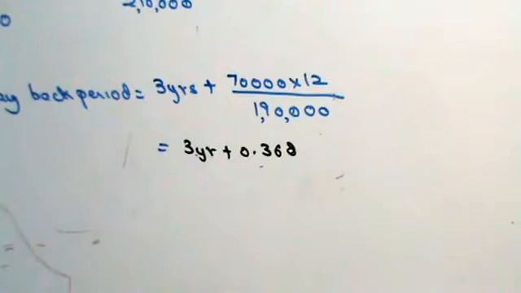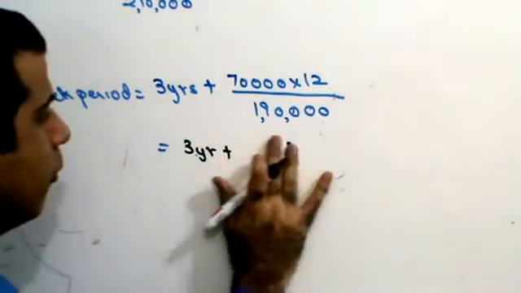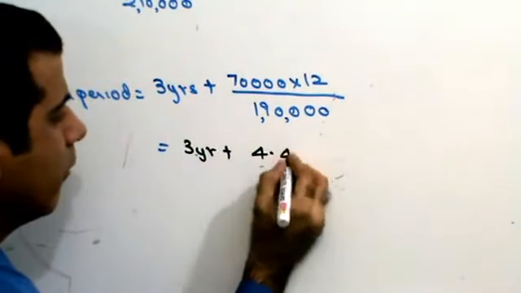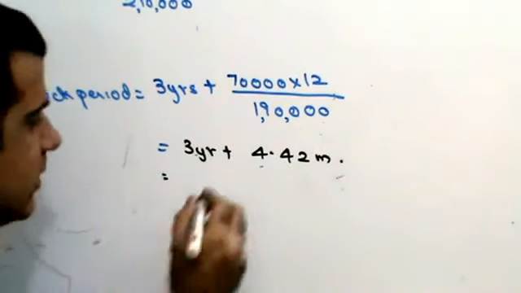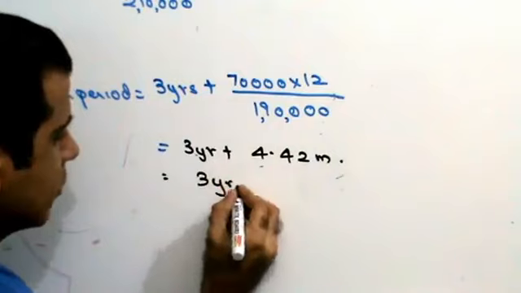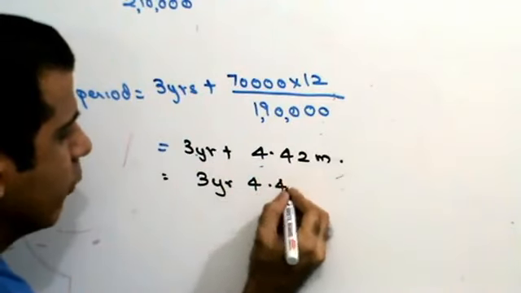No, how much is it coming? 4.42 months. I gave you the answer in terms of years, you are giving me the answer in terms of months. So it's 3 years, 4.42 months.